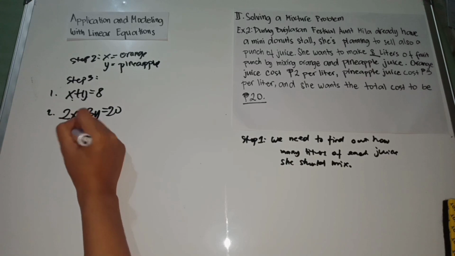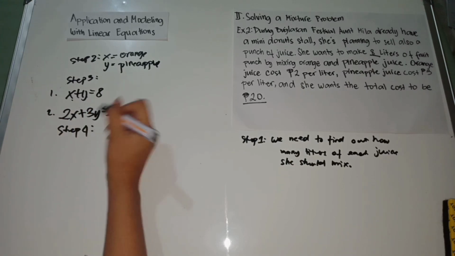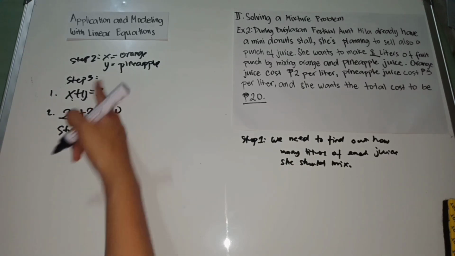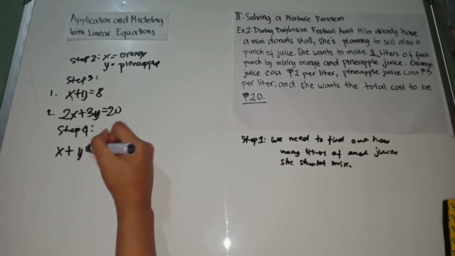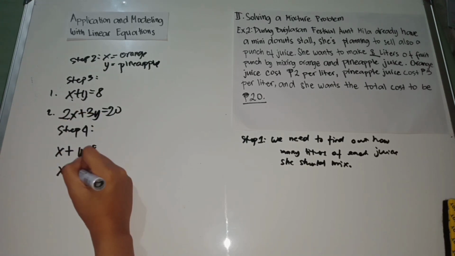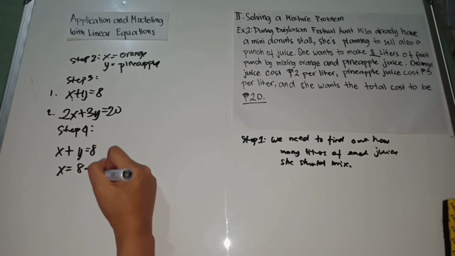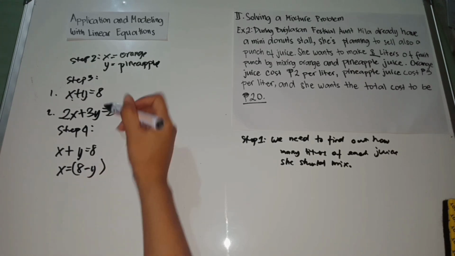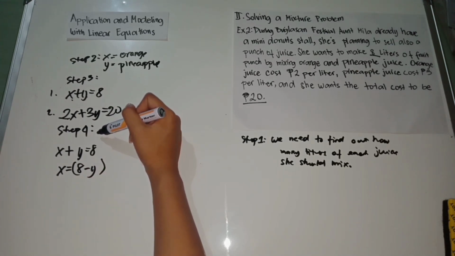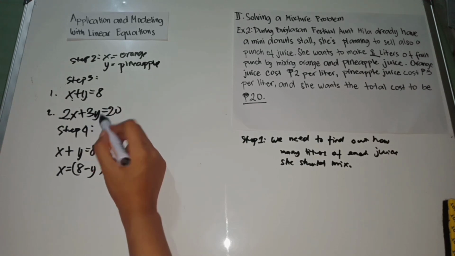Step 4, we need to solve. First, x plus y is equal to 8. x equals 8 minus y, so we have this. Next, we need to solve the second equation.